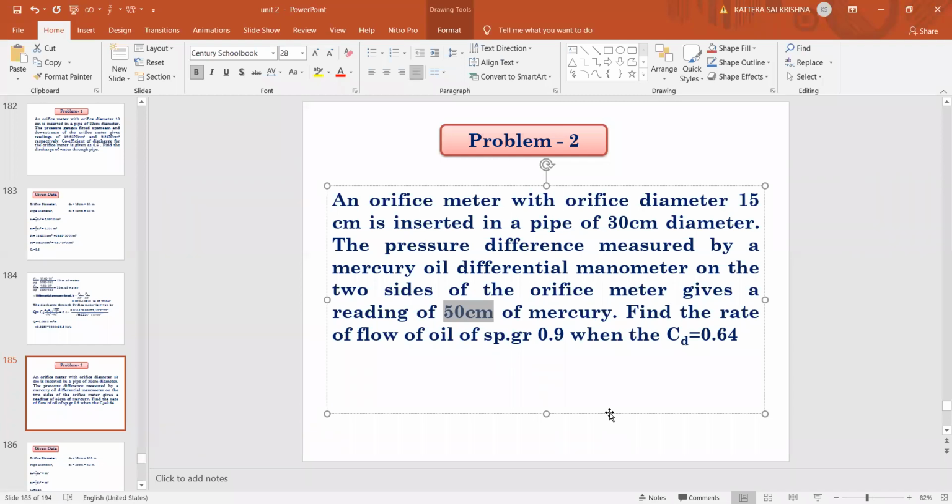So differential head H equals X into SH by S naught minus 1, where SH is the mercury specific gravity and S naught is the flowing fluid's specific gravity. Again we need to find the discharge.